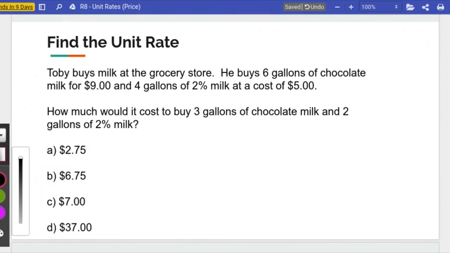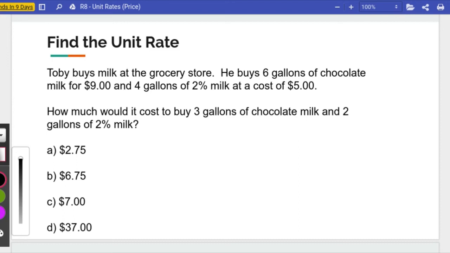All right, Toby buys milk at the grocery store. He buys 6 gallons of chocolate milk for $9 and 4 gallons of 2% milk at a cost of $5. How much would it cost to buy 3 gallons of chocolate milk and 2 gallons of 2% milk? So we're going to need to find the unit rate, how much it is for 1 gallon.